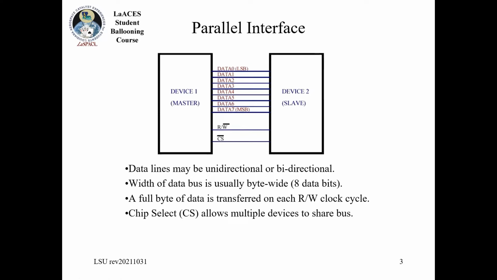That means you can send a single byte on every clock cycle. Your clock cycle might be down here on these control lines, and then you would maybe have another line where you're selecting each device with something called a chip select pin.